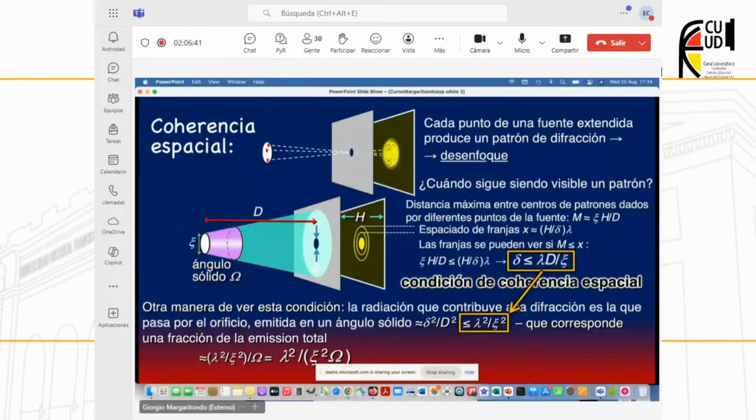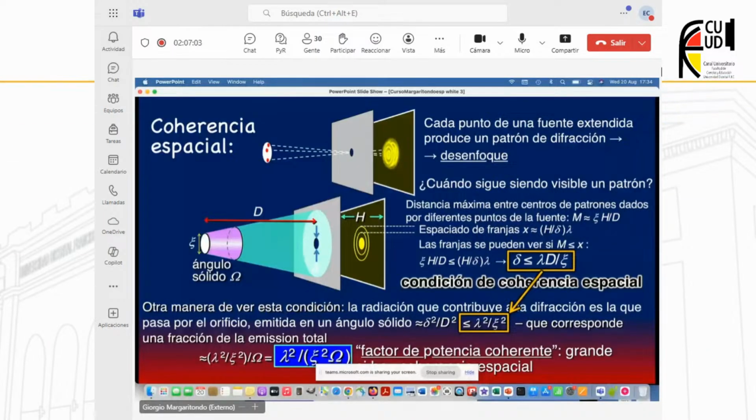And so we can manipulate with just one step, and we get to this conclusion, that the parameter that really defines the coherent power, the lateral coherence of the source, is lambda square divided by the size of the source, c square, and divided by the solid angle gamma.